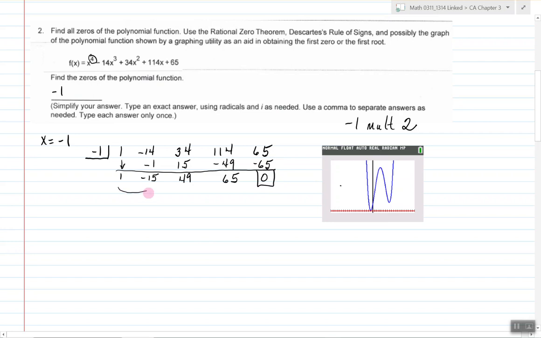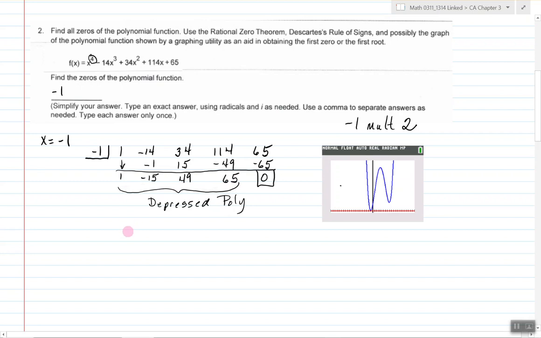Now this represents the depressed polynomial. I don't need to write it down, but it is 1x to the 3rd minus 15x squared plus 49x plus 65.